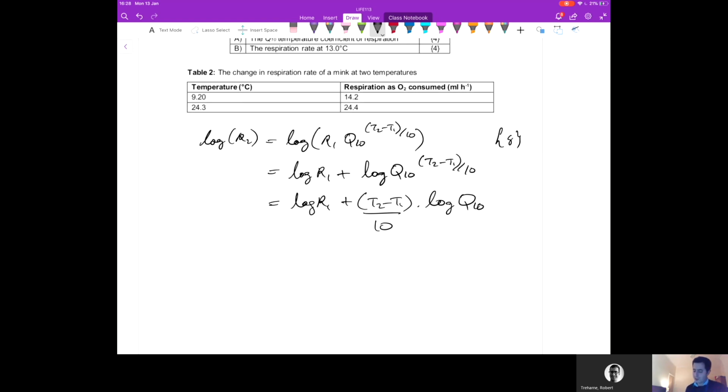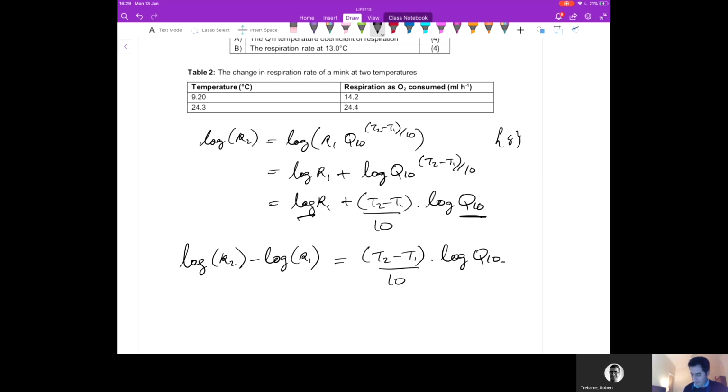Remember what I'm trying to do here? I'm trying to solve for Q10. So let's get rid of this term. Let's take it over to the left. Log R2 minus log R1 is equal to T2 minus T1 over 10 log Q10.